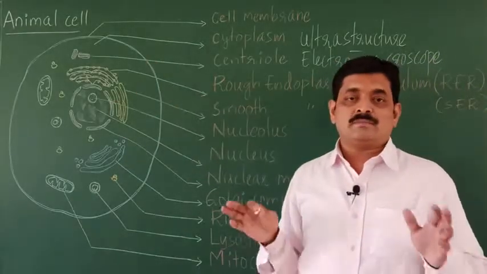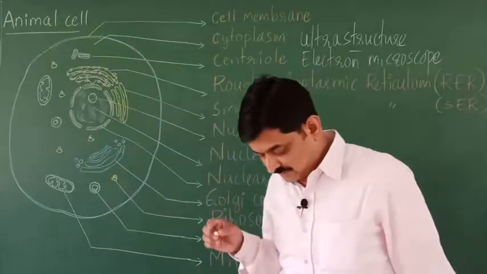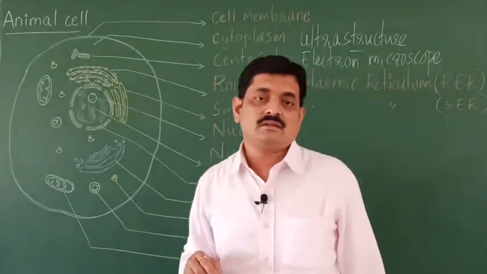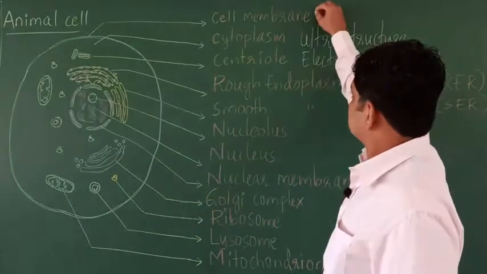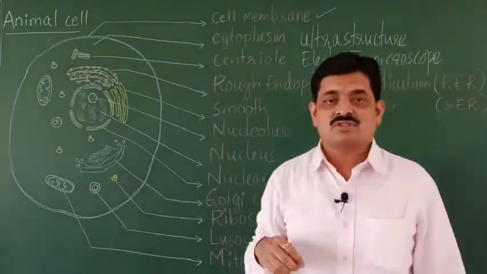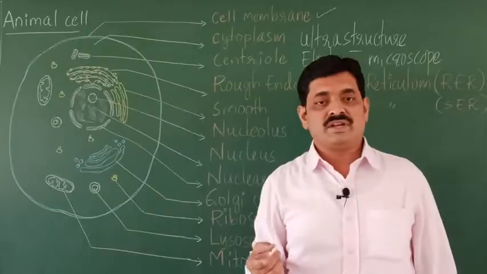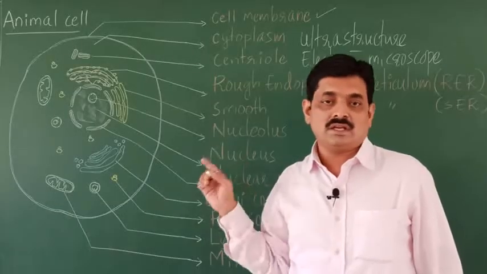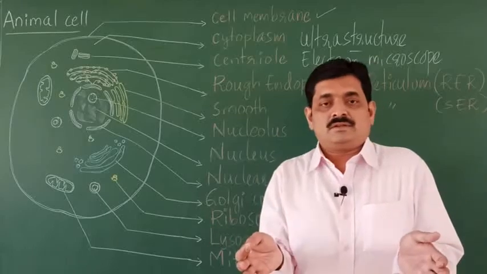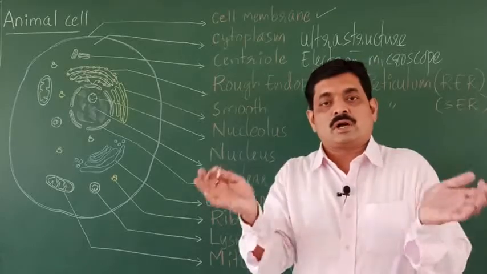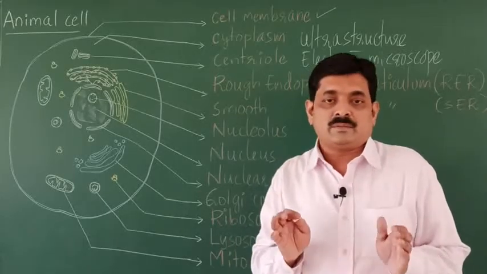Now this cell has a boundary. The boundary of the animal cell is called the cell membrane. So cell membrane is the boundary of the animal cell. It is the outermost part, the outer covering of the animal cell.